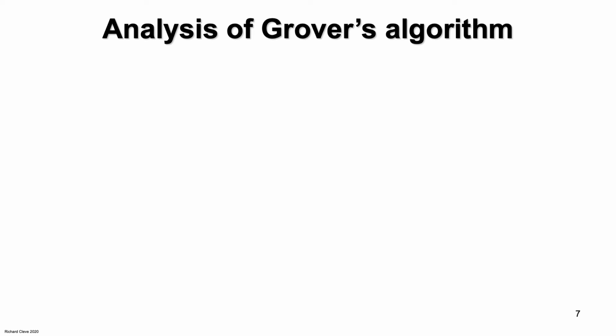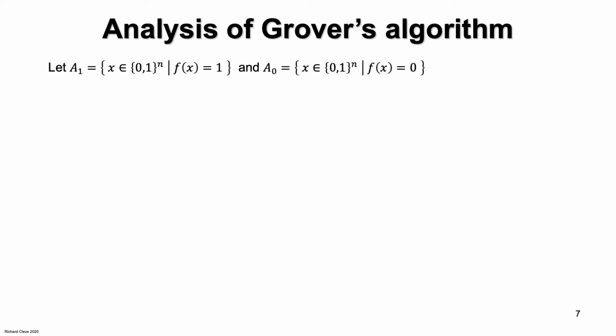The function f partitions the set of n-bit strings into two subsets. Define A1 as the set of n-bit strings on which f takes the value 1, the satisfying assignments. Define A0 as the set of n-bit strings on which f takes the value 0, the unsatisfying assignments.